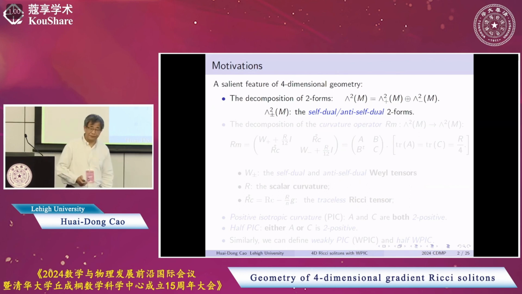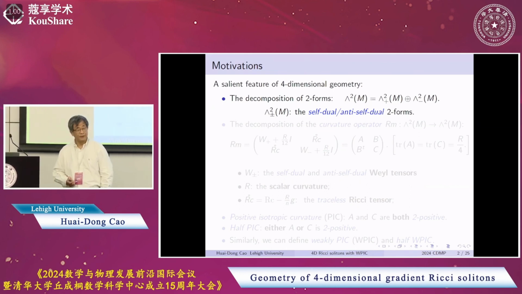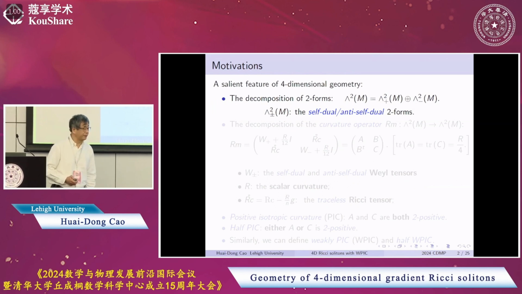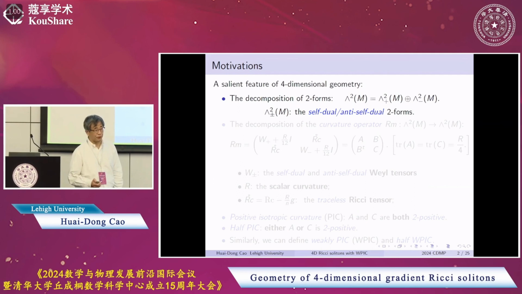Now, as many of you know, one very special feature of four manifold differential geometry is this decomposition of two forms into self-dual and anti-self-dual two forms. Of course, it's also related to the algebra: SO(4) is the direct sum of two copies of SO(3).